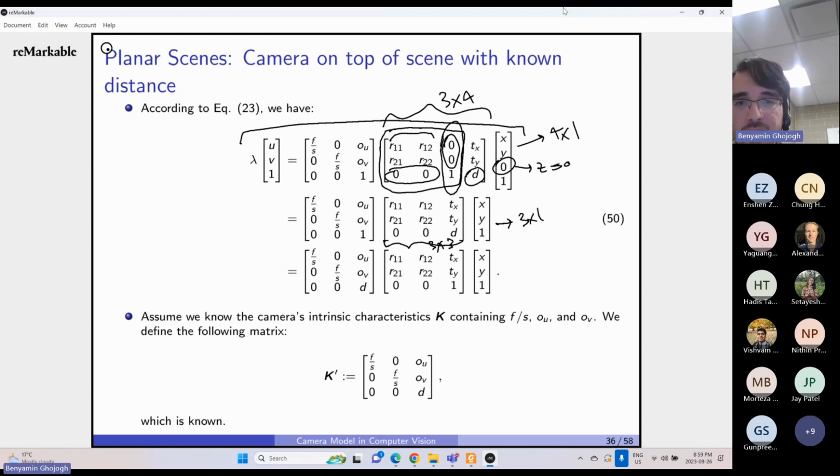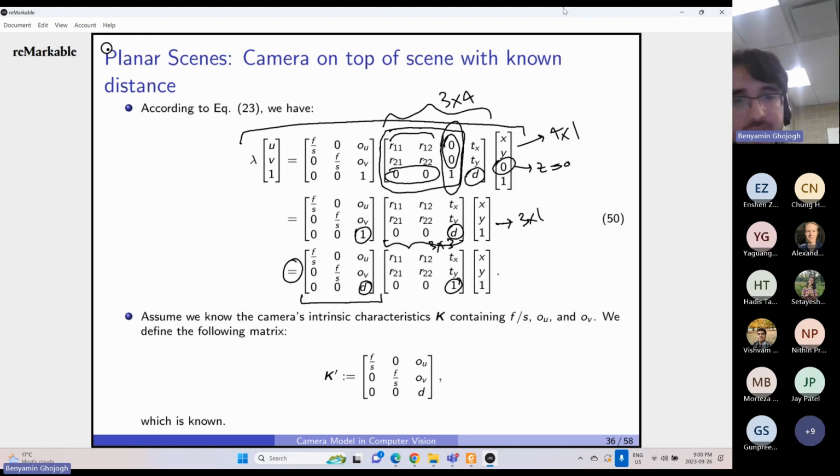So I simplified that. Also, do you agree? This is 1, this is D. If you do the matrix multiplication, you can bring D here. These are exactly equal to each other. I brought D here.